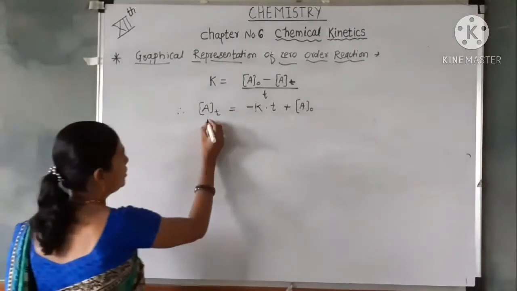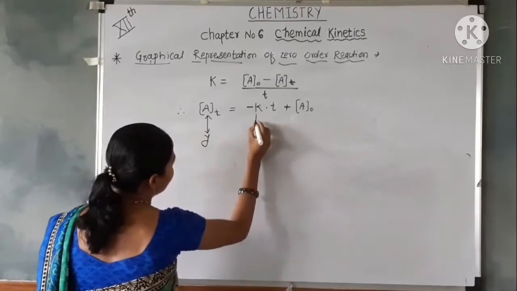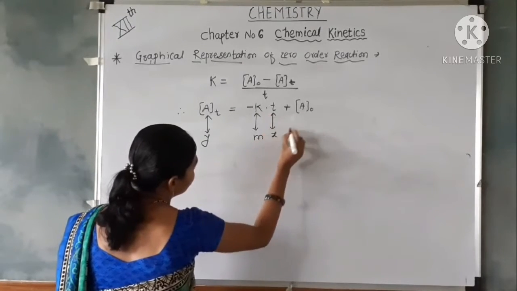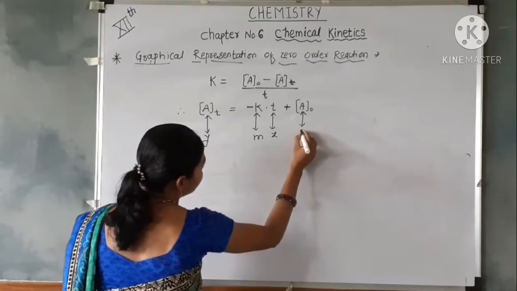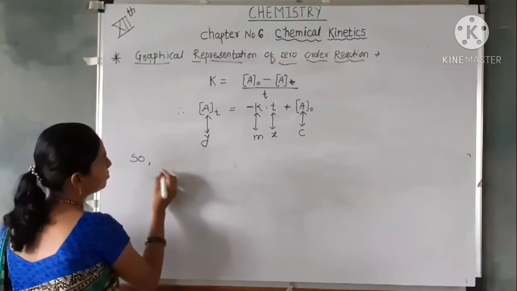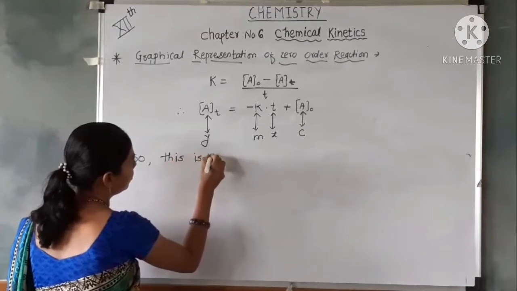If we write it in the form of y equals mx plus c, it looks like this, with mx and c. This is in the form of a straight line.